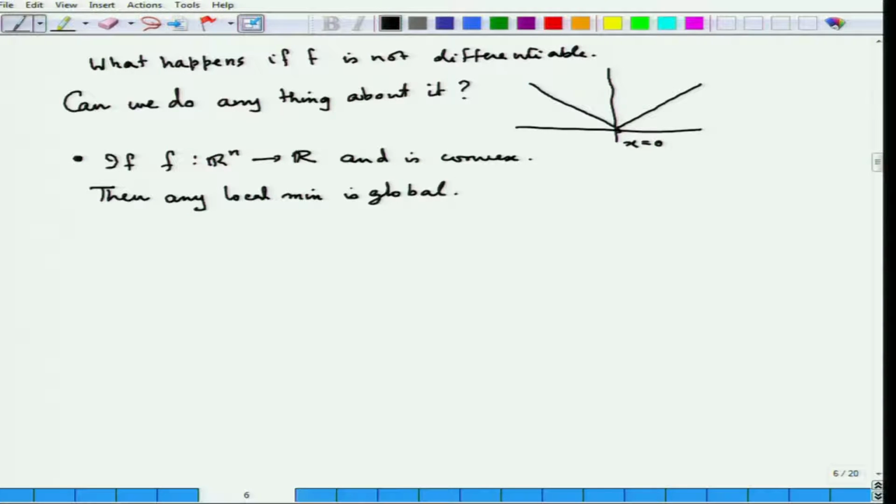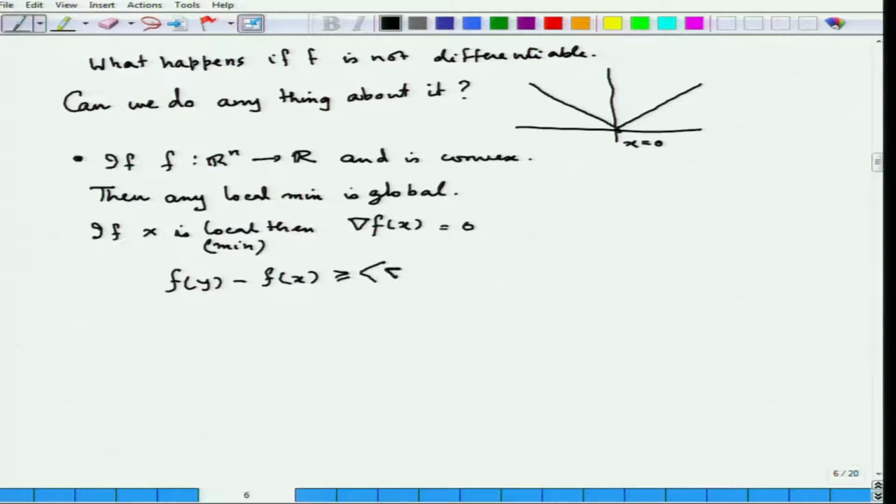For example, if x is a local minimum, then we have proved that grad of f of x is equal to 0. Then by using the convexity inequality, for any y, once I fix the x, for any other y, you can always write this.